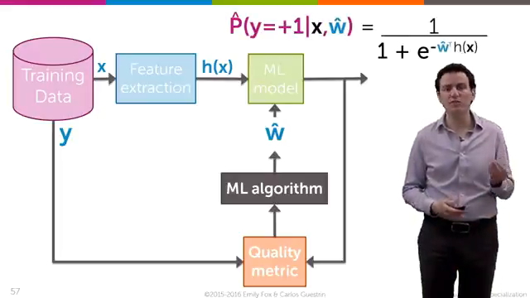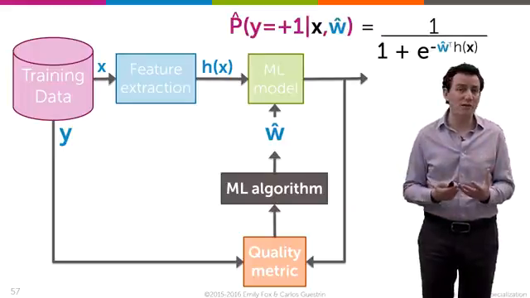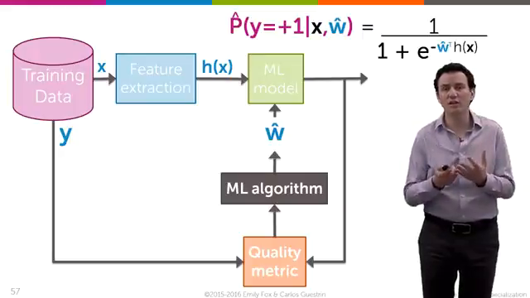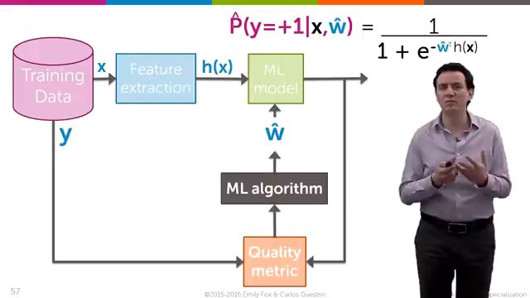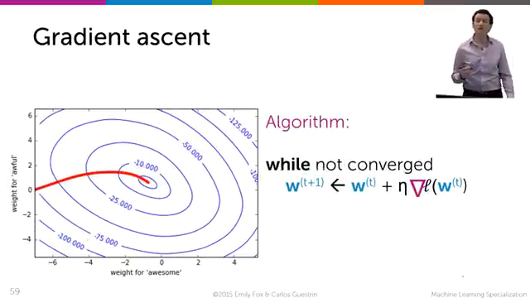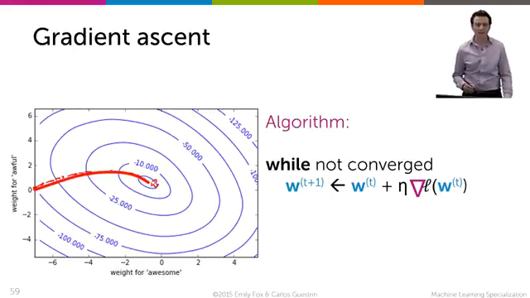So again, same setting as before, training data, features, same model. Now we have L2 regularized logistic regression or log likelihood as our quality metric, and we're going to talk about the machine learning algorithm to address it, to optimize it, to get W hat. We're going to be using the same kind of gradient ascent algorithm that we used before, where we start from some point and we take these little steps, little eta steps, until we get to our solution W hat.